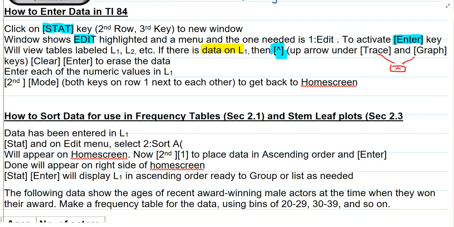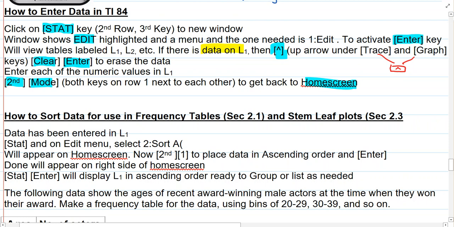Clear, enter to erase data. Enter each data of the numeric values in line 1. Use only line 1. Second, mode, both keys in a row, one next to each other, to go back to home screen.